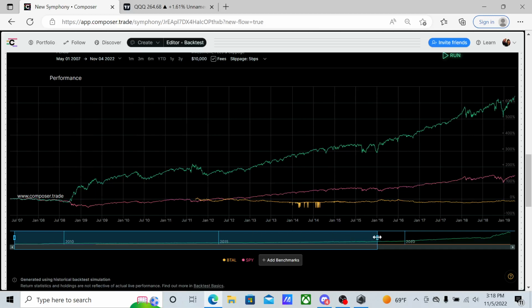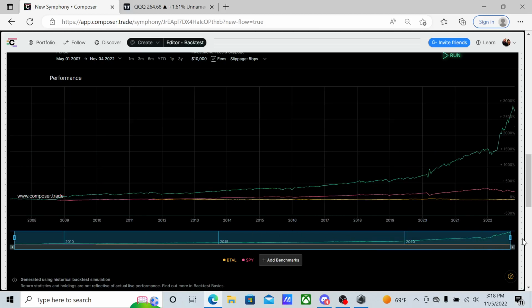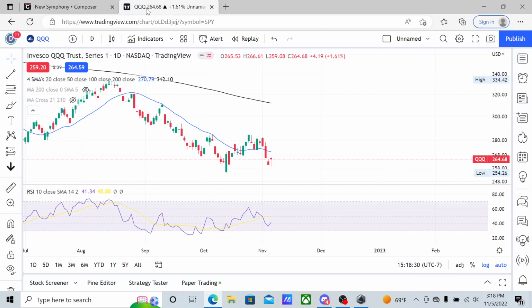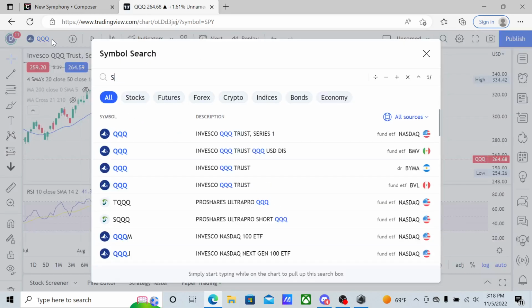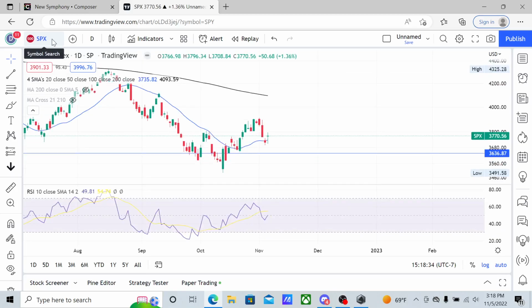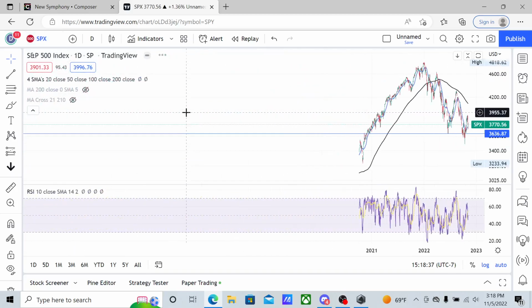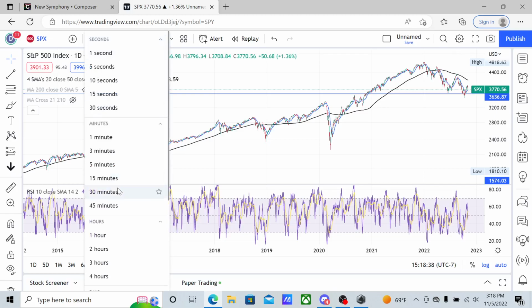And again, another good thing to do when you're looking at macro trends. So let's just plug in SPX. Actually, I'll go to the monthly.